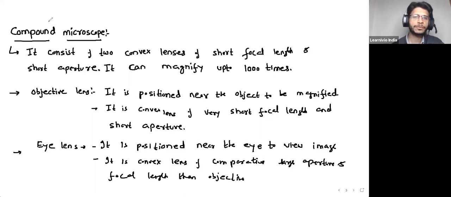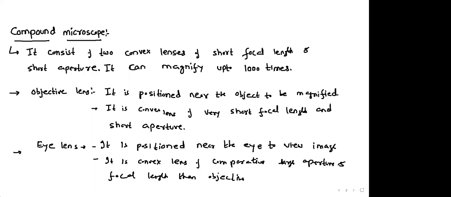Then here also we will calculate the magnifying power. To calculate magnifying power, we will consider two cases. Case one, when your final image is at infinity, and another case when your final image is at the least distance of distinct vision. Just note it down, then we'll start with the first case.